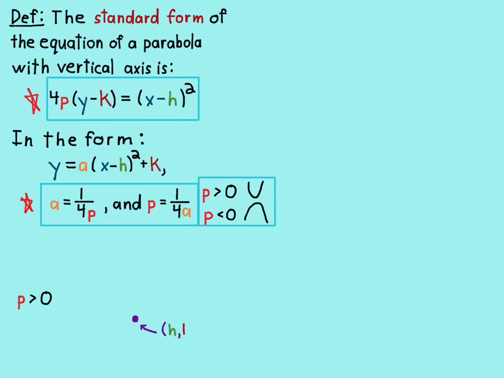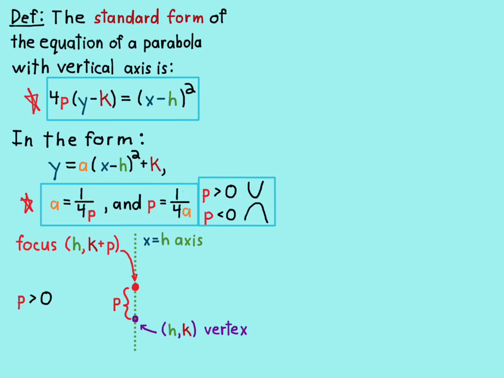So p greater than 0, from this formula, h comma k will be the vertex, and x equals h is the axis. Then from the vertex you go up p, and you get the focus.